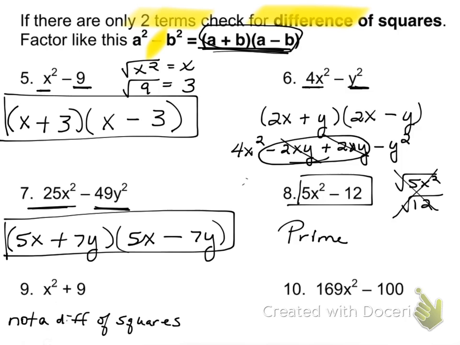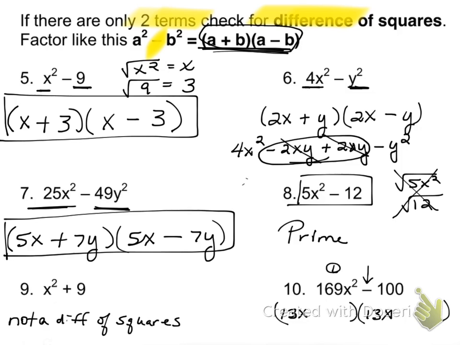Okay, now, if you learn your squares and square roots from 1 to 20, hopefully you would know that the square root of 169x squared is 13x. So we look: are there two terms? Yes. Is there a minus sign between? Yes.